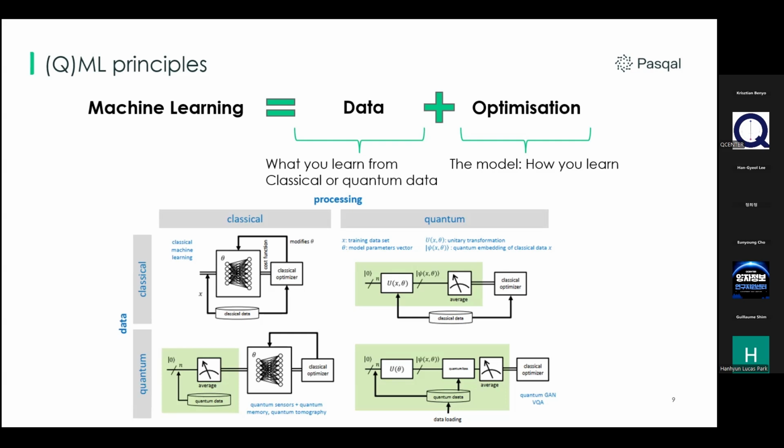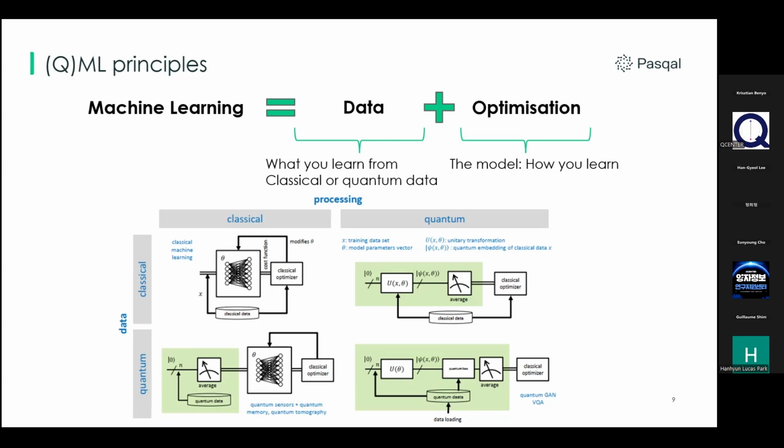That is the bottom left part of the screen, where the model is tasked with learning from quantum data, or at least from the measurements made on quantum data, because classical components cannot efficiently handle all the complexity of quantum data.